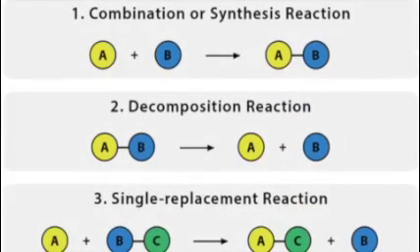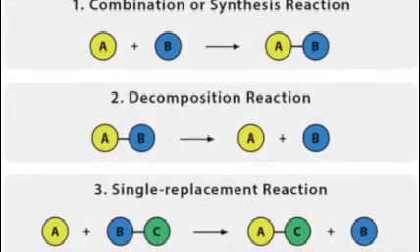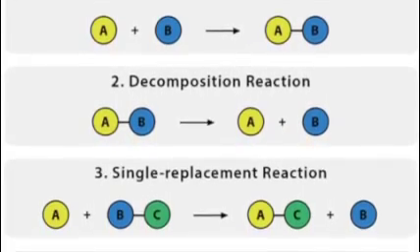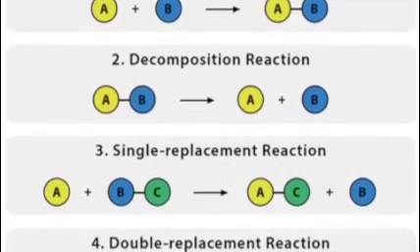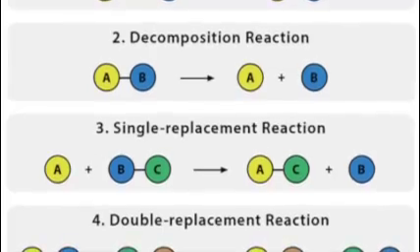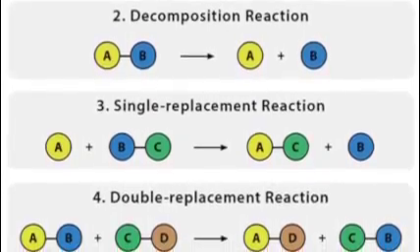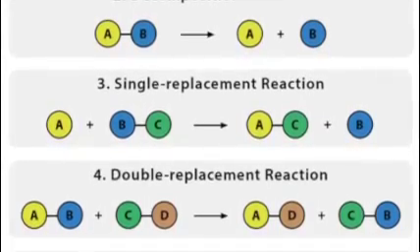Now let's do a quick overview. So first we have our synthesis reaction, which is where we have 2 reactants to form 1 new product. Then we have decomposition reaction, which is 1 reactant to form 2 products. Then we have single replacement, where we have 1 molecule and 1 compound to form a new compound in a separate molecule.